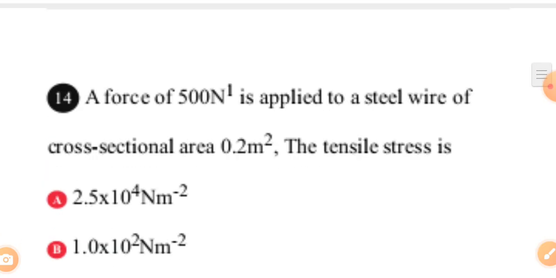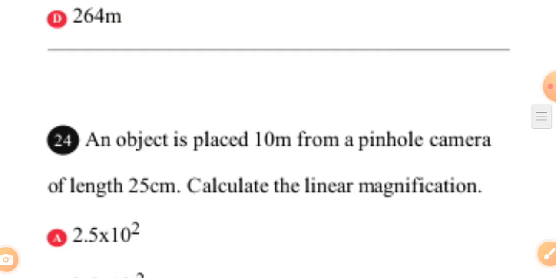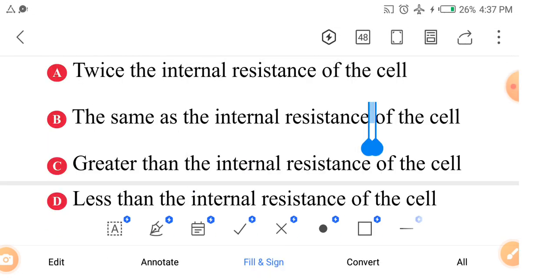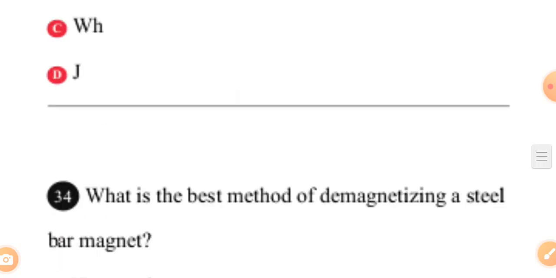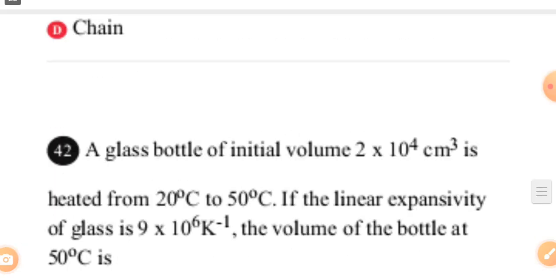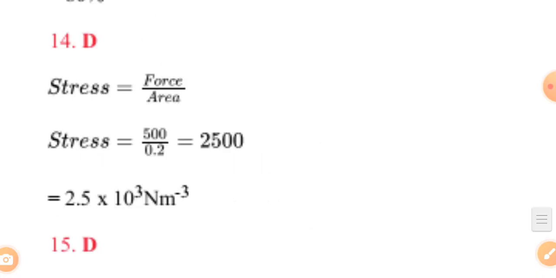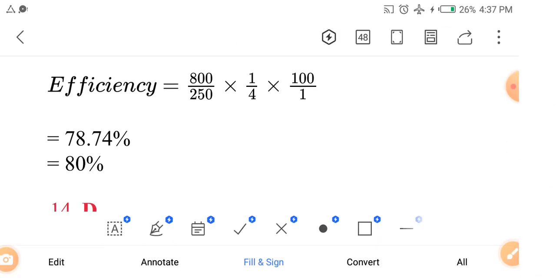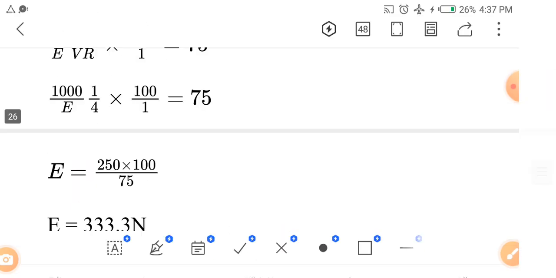Let me show you how I was able to solve it. Just follow me.